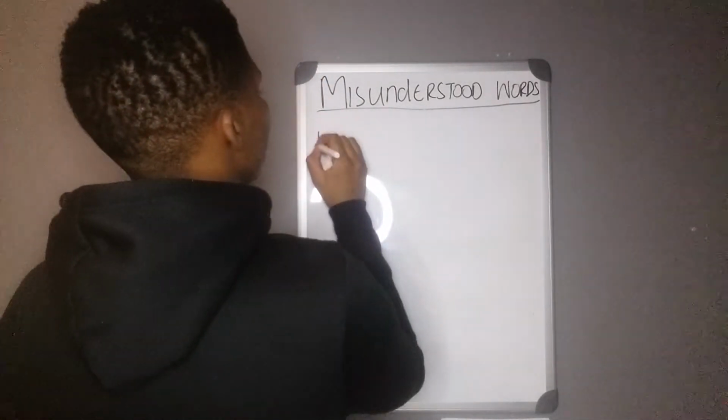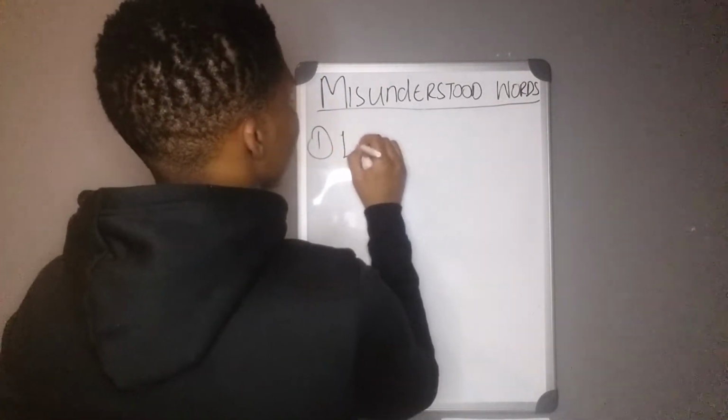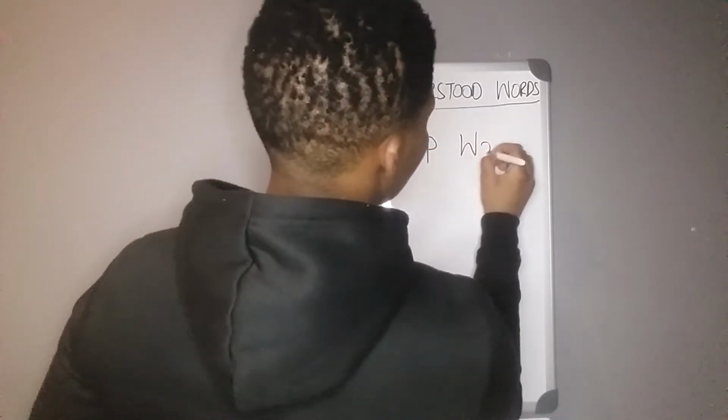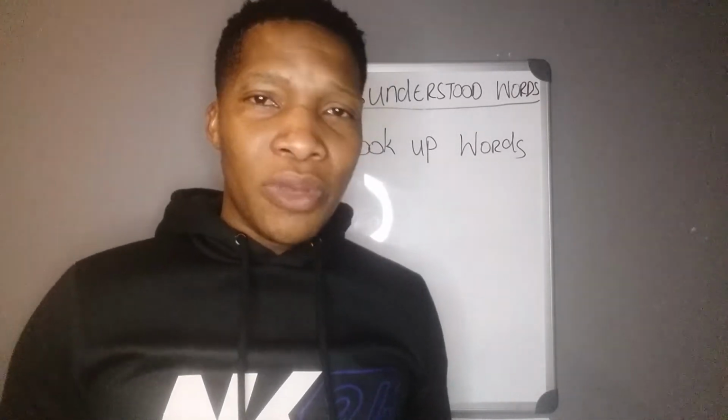The first one is you need to look up the words. There's Google now, there's Wikipedia, there's dictionaries. Looking at the different meanings of the word allows you to not just understand.